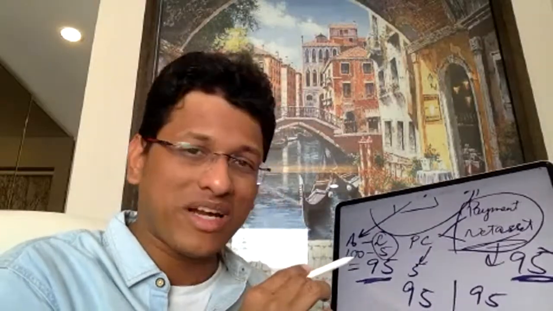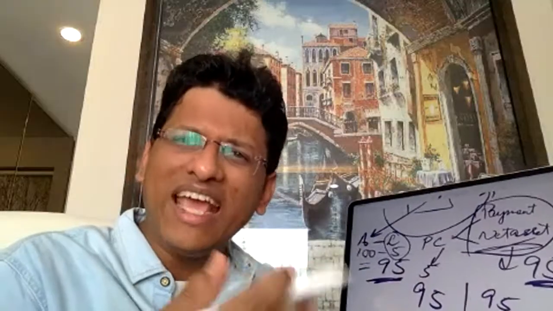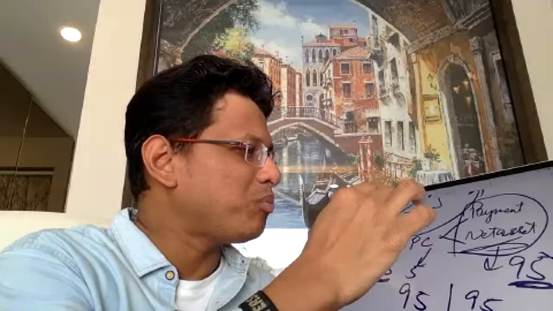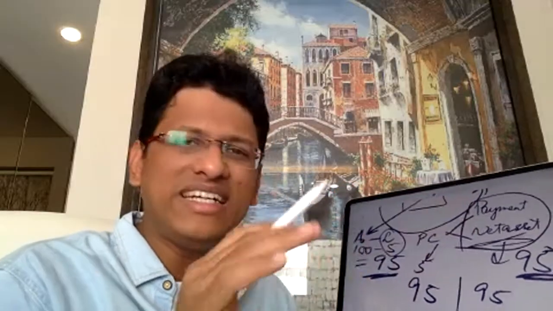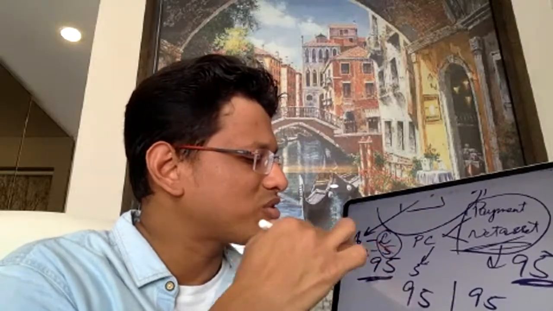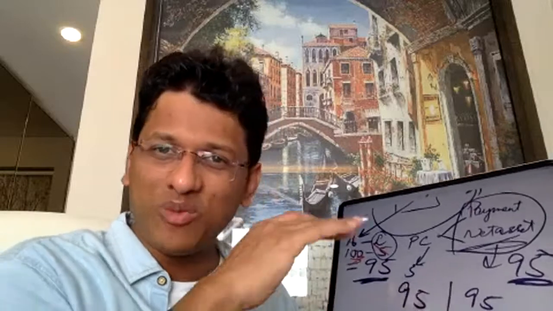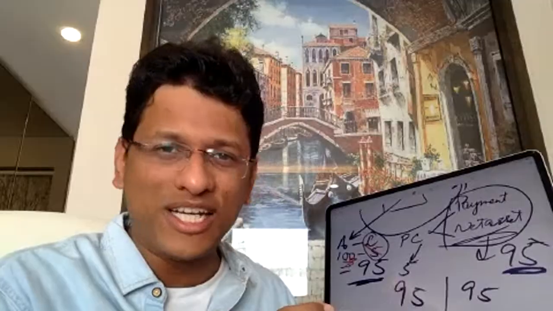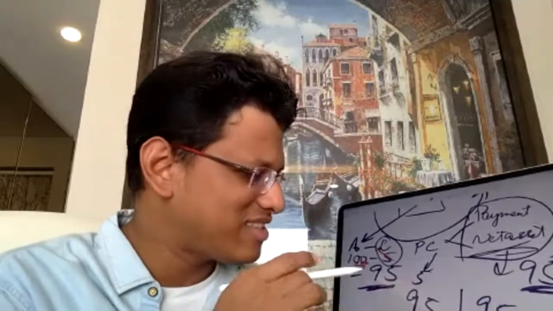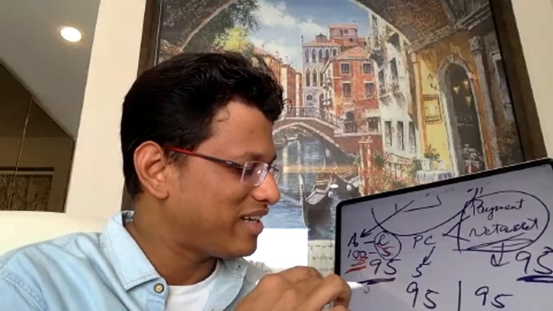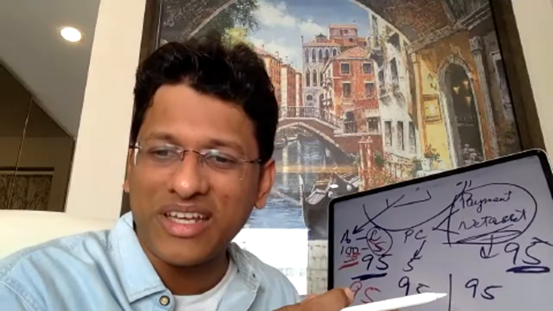In another way, if you want to understand the logic, it is as if this 5 rupees is gone. This 5 rupees of asset is reduced to that extent, and 5 rupees of liability also reduced. Because the 5 rupees of asset is reduced, 100 minus 5, it will come to 95 only.